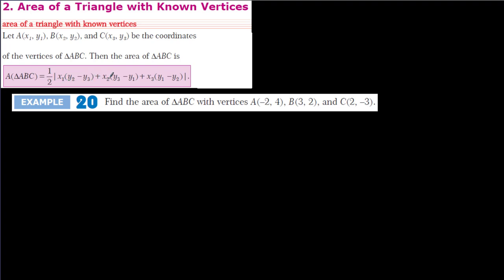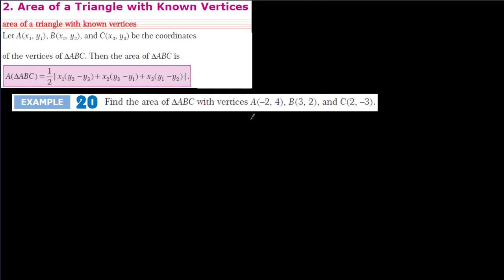It looks like 1, 2, 3 is in order. In the second one it starts with 2, 3, 1, and then 3, 1, 2, and x is always multiplied by the y differences. So x1 times y2 minus y3. I always remember this one: 1, 2, 3, then 2, 3, 1, and 3, 1, 2, in order, and it makes a loop, which is easy to remember.